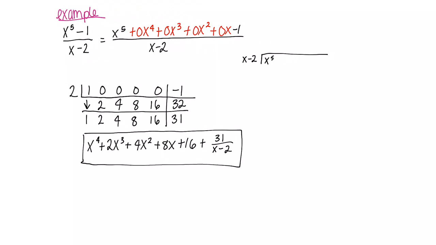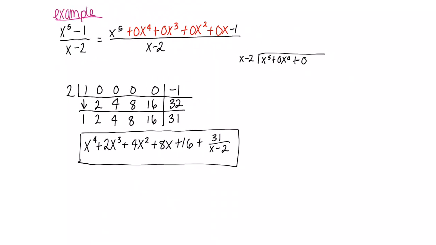x to the 5th plus 0 x to the 4th plus 0 x cubed plus 0 x squared plus 0 x minus 1. Even me doing it quickly, I have x to the 4th, so it's like minus x to the 5th plus 2x to the 4th.